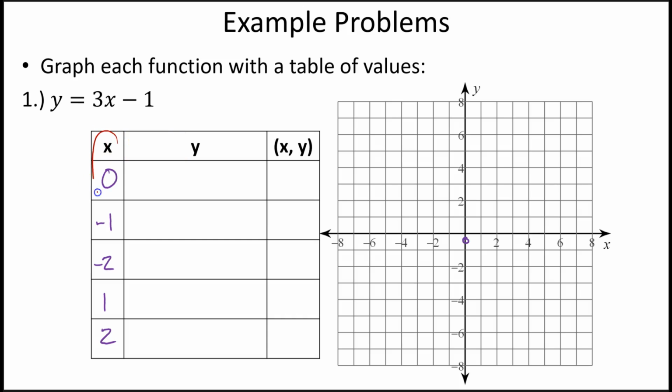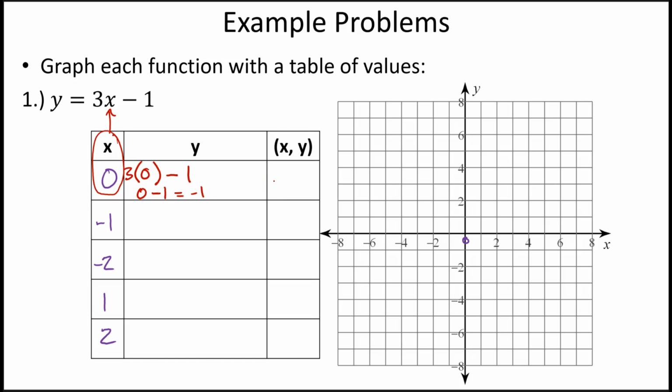This is our first x value, so that is going to be plugged into my x. So 3 parentheses minus 1. So this is where originally my x value was, but now instead of x, I'm putting 0. 3 times 0 is 0, minus 1 is negative 1.